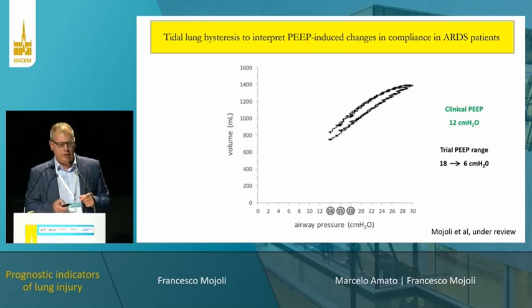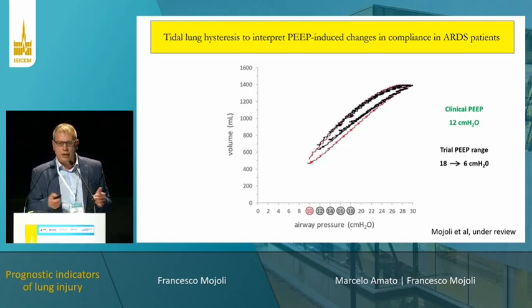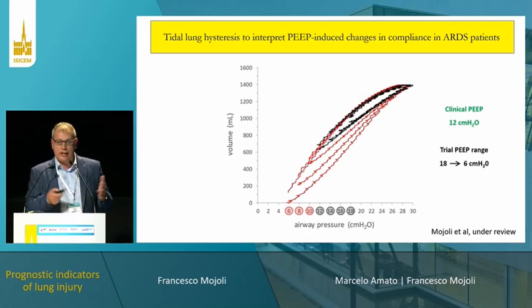Nothing changed in this patient down to 12 of PEEP. You see all the pressure volume loops are almost superimposed. And then as soon as we decreased PEEP below this level, a sudden increase of lung hysteresis was observed. An exponential increase, meaning that tidal recruitment was occurring.